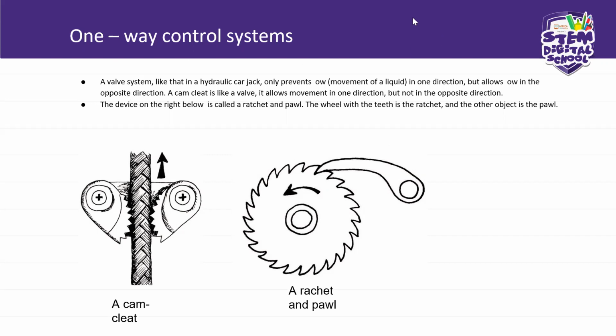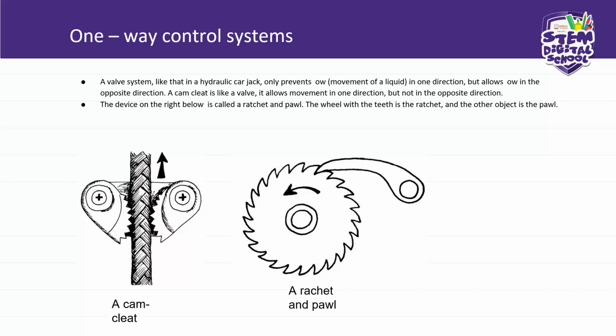How do the cable ties allow one-way movement? Who knows cable ties? Do you know those plastic strings that we use to fasten something?